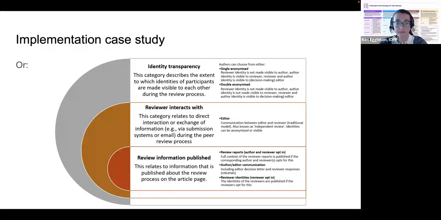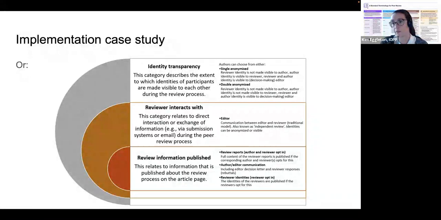I would just add, at the article level, while the group hasn't made a huge amount of progress in actually implementing the standards yet, we have been doing some work in the background at IOP Publishing. So when we go through now to an article, we can already surface information like identity transparency.